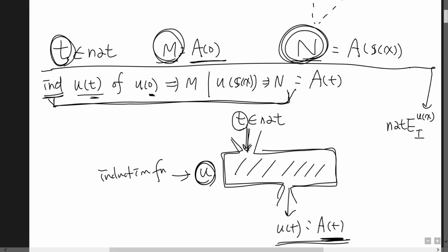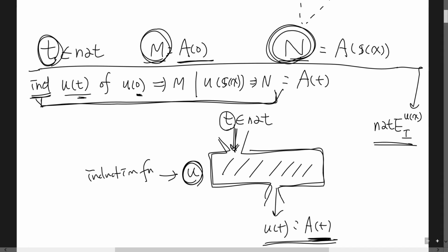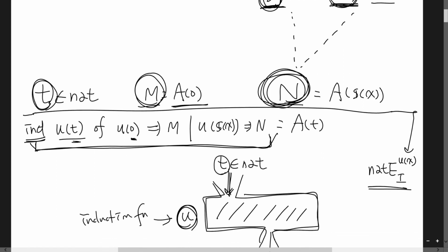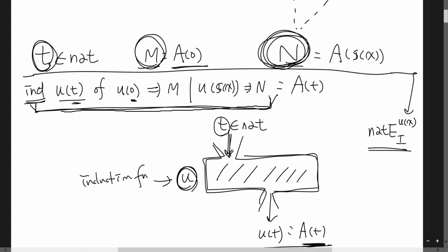So that's the new form of proof term that we'd like to assign to this elimination rule. So remember that inside this proof term n, you may use references to this term variable x, as well as this ordinary variable u of x. So this is a new form of proof term.